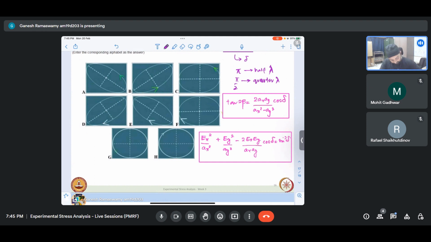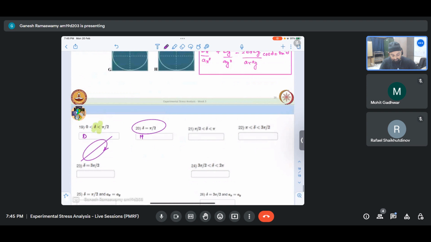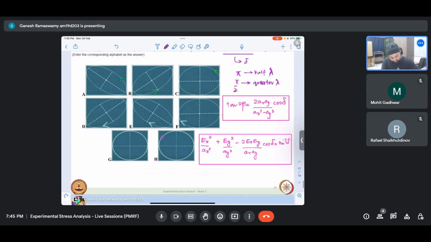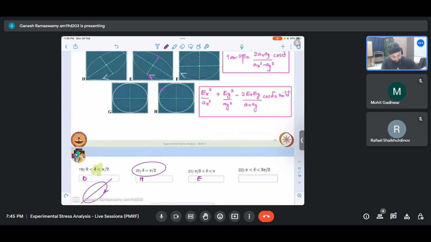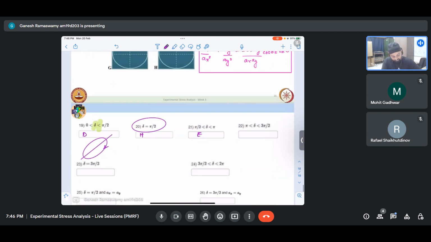So if this is going in this direction, this will be H. And then it will start rotating the other way as we go from pi by 2 to pi. It will be this way, this way. So it is E. And as soon as we cross pi, we see a reversal in the handedness. It will just be following the same pattern, but with a reverse handedness.